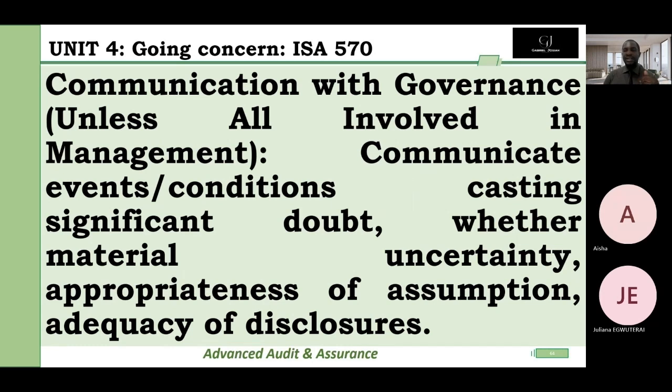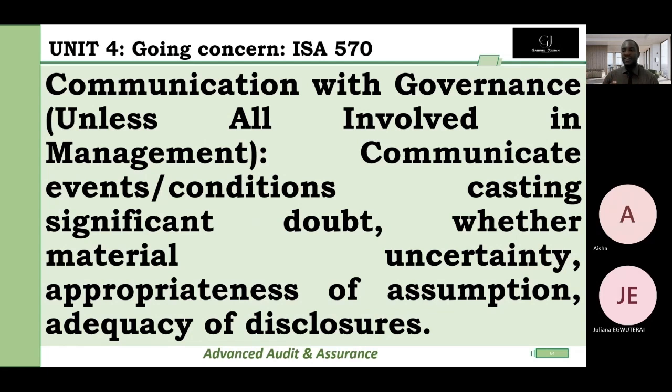So we need to also communicate very, very comprehensively to management, unless all involved in management are ruthlessly showing no interest, then we need to take it up from management to either the board or external stakeholders.